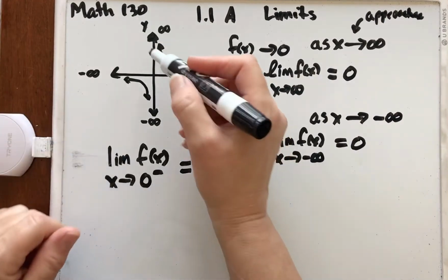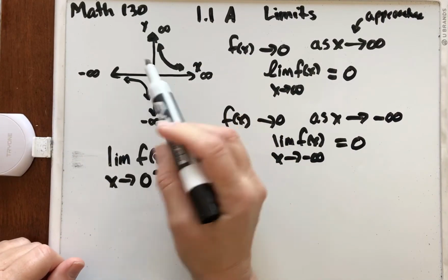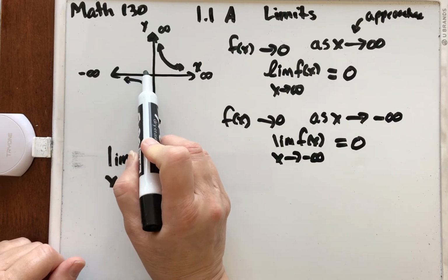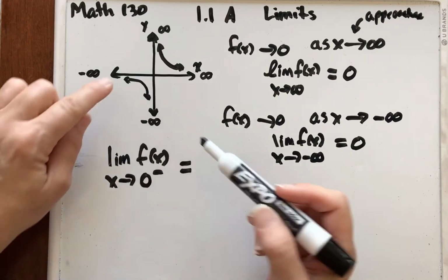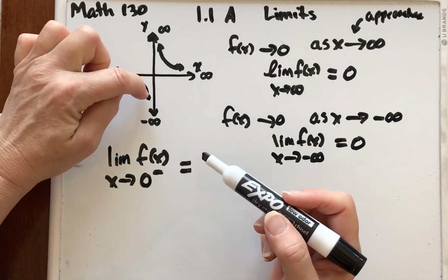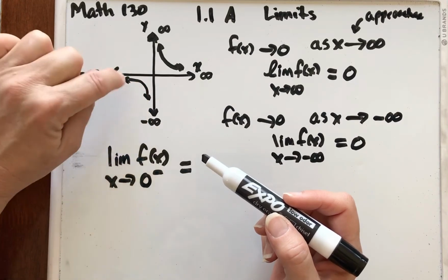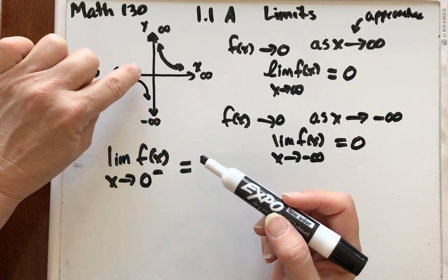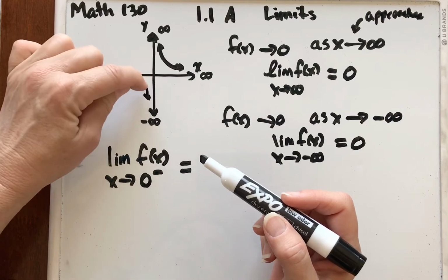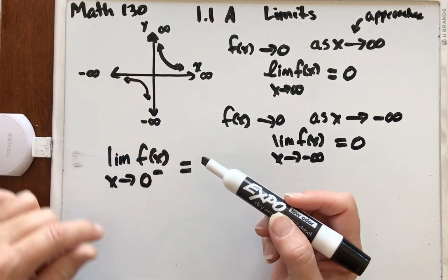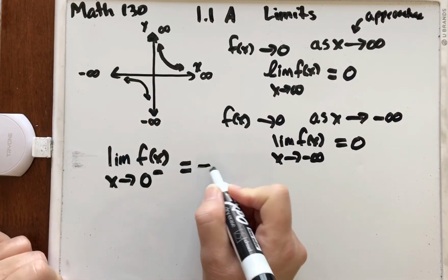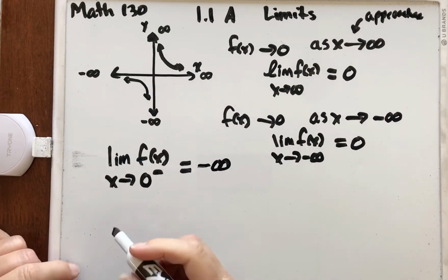Approaching 0 from the left, here is 0, right? If we approach it from the left, what's going on? If we approach from the left, f of x is going to negative infinity. Let me say that again. As we approach 0 from the left, f of x is going to negative infinity. So that's our answer, negative infinity.